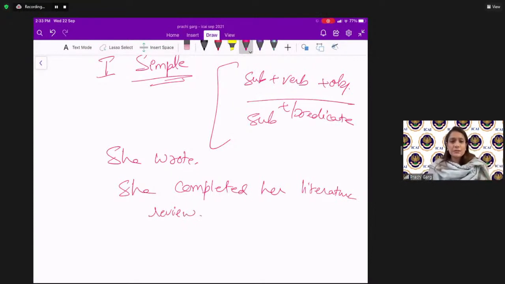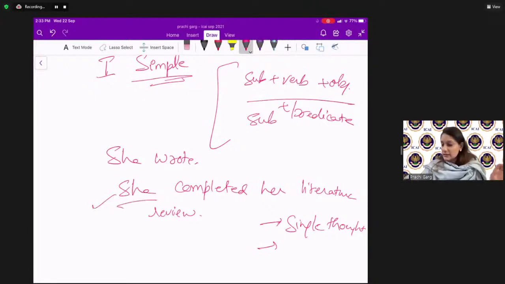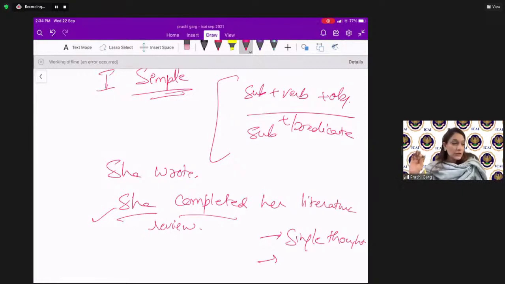So these are simple sentences. They are just giving you one single thought and conveying it completely. There is nothing incomplete here. It has a subject, it has a verb, direct object, indirect object, everything is there. Am I clear? Yes. So I don't think I need to drag on to the simple too much.